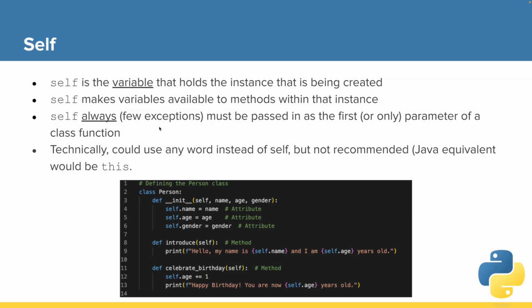It always, with a few exceptions, which we won't talk about in this course, must be passed in as the first or only parameter of a class method. And technically, we could use any word instead of self, but it's not recommended. If you're coming from Java, for example, you might be familiar with this.